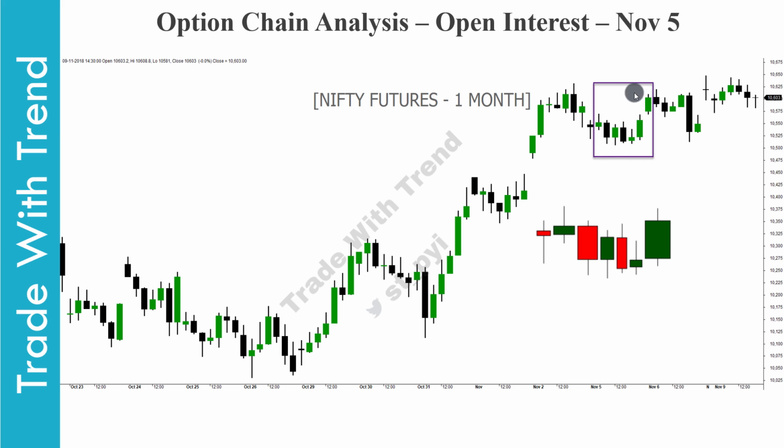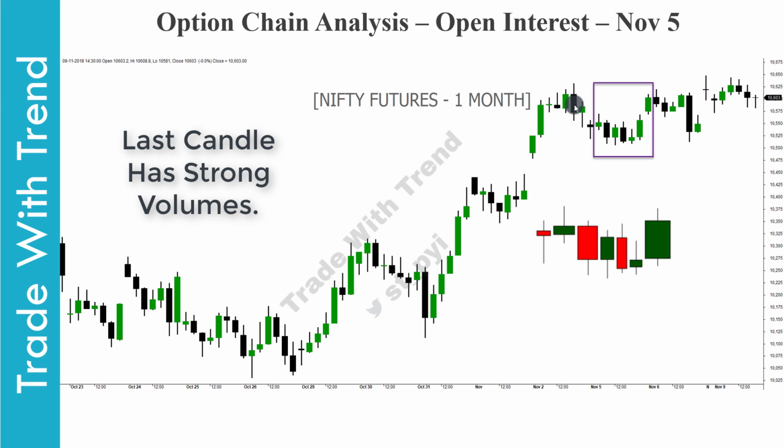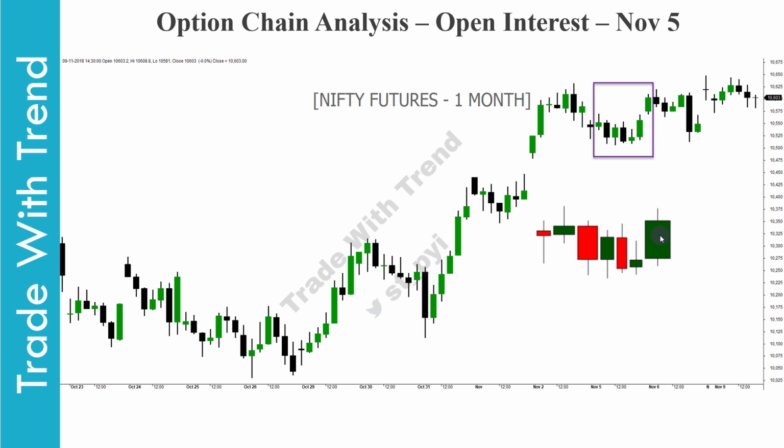If you look at the price analysis for November 5th, price has moved lower with a gap and then consolidated to close higher near the November 2nd top end of range. Now, towards the end, when price moved back up, the volume for the candle was the highest for the day. Again, this is a very positive sign. This was again a bullish session.